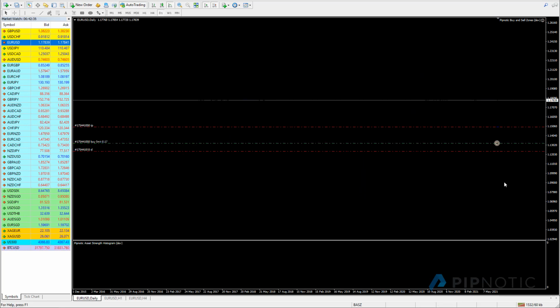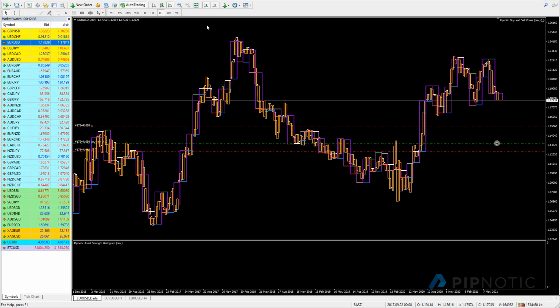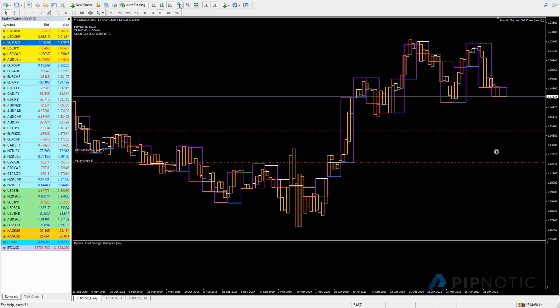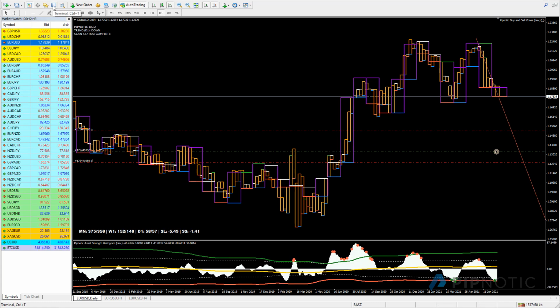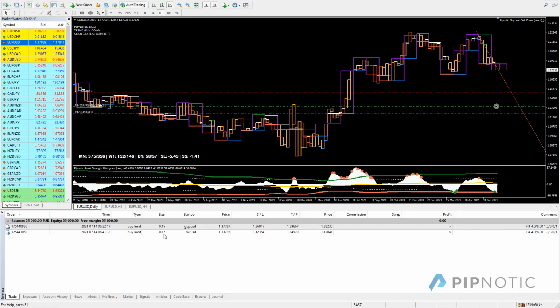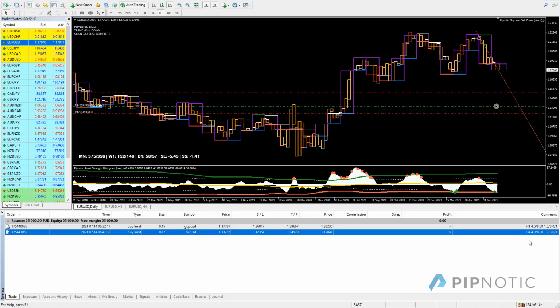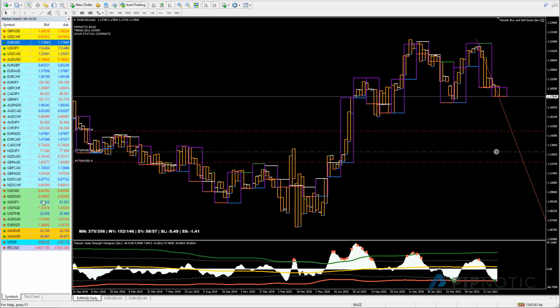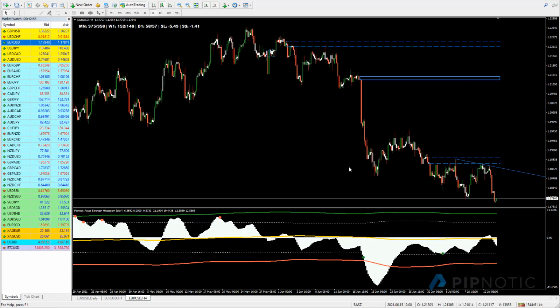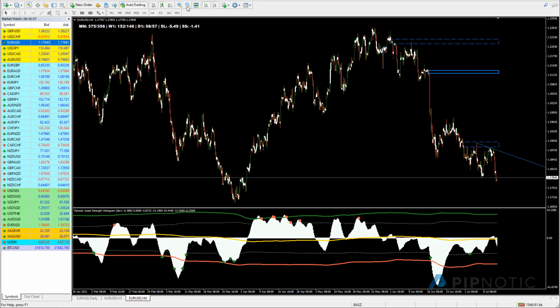Okay, so there's something here that it's preferring. Yeah, so this is the Euro US dollar. This is a 4-hour area of demand that it's liking. So if we go to the 4-hour chart here, zoom out just a little.